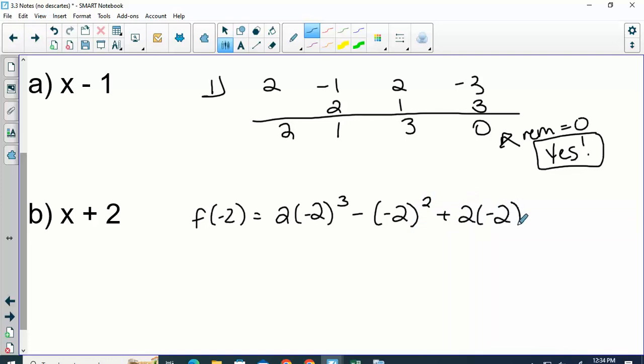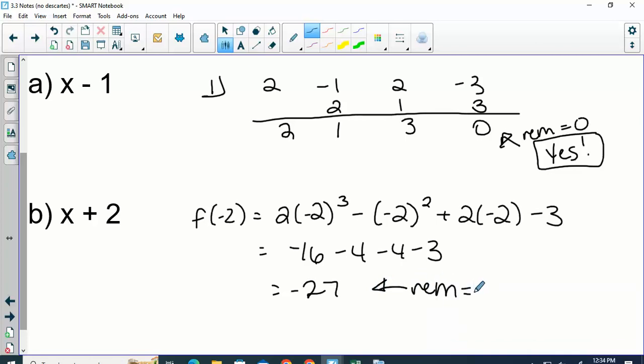That's 2 times -2 minus 3. So we get -27. That's the remainder. So this one would not be a factor because it didn't divide evenly.